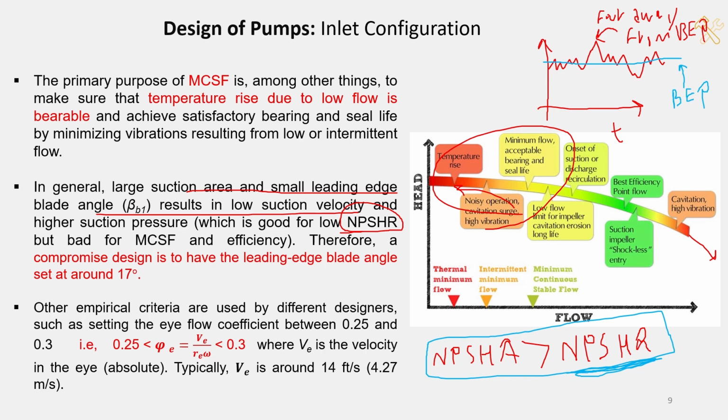So if you have less suction velocity and higher suction pressure, this is good for less net positive suction head required, but it's not good if this value is high. It's not good, okay? Because the net positive suction head available will need to be increased in order to compensate for the larger suction area of the pump's inlet.